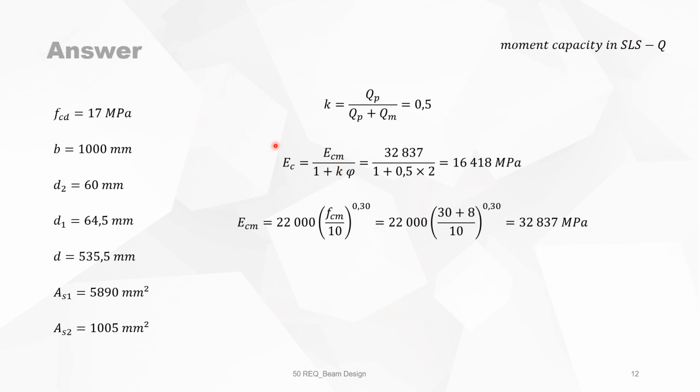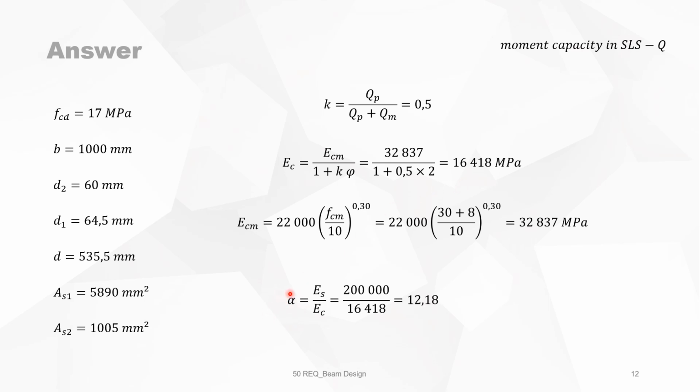The modulus of elasticity of the concrete is the mean modulus divided by 1 plus k phi. Phi is the creep factor, which is 2, and k was 0.5. So the modulus of elasticity of the concrete is half of Ecm, which is 16,418.